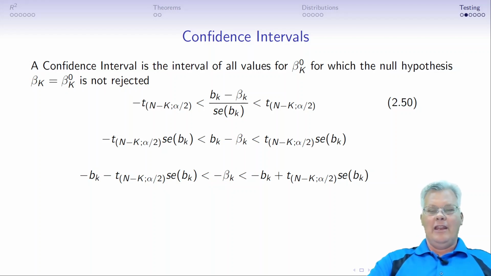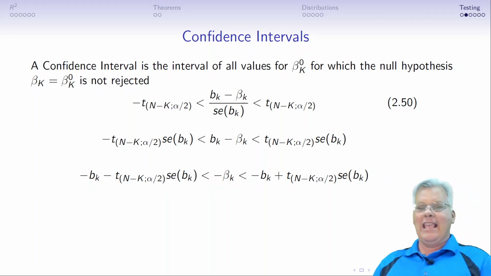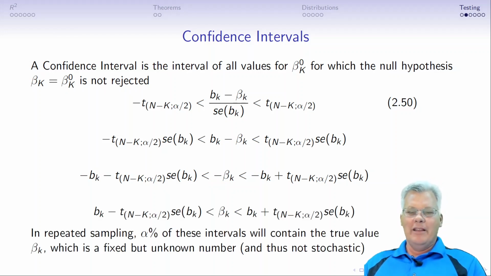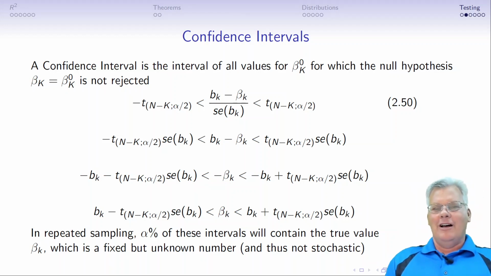Then if I add that same amount to my estimated parameter, I get the upper value, right? I used to have negative values everywhere, but if you multiply everything by negative 1, then you get the proper confidence interval.